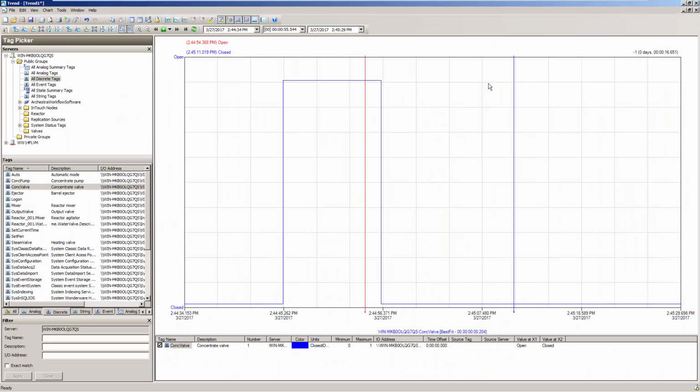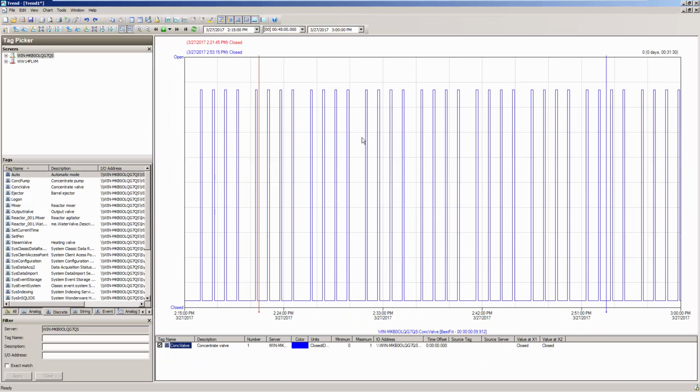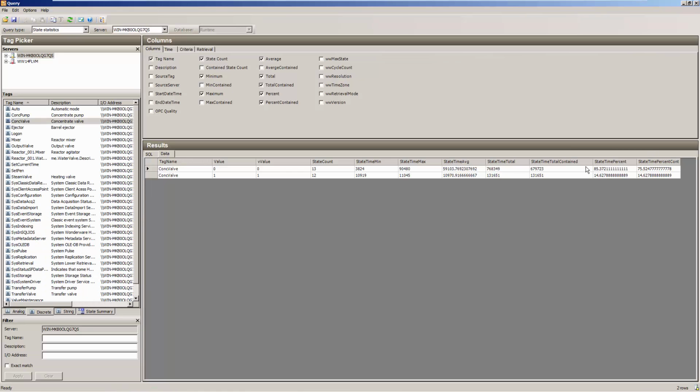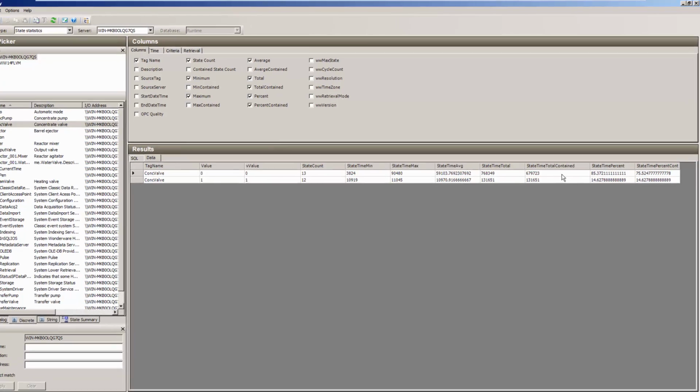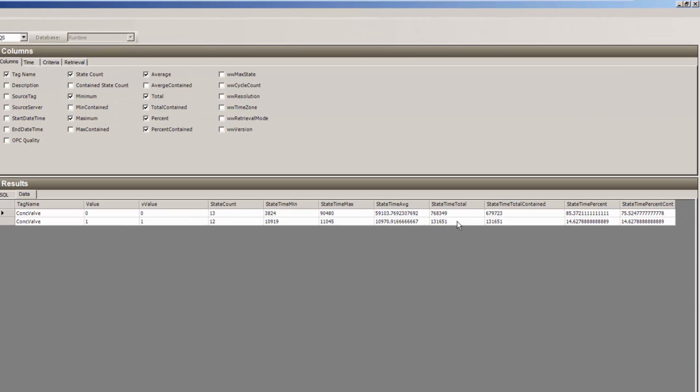We wouldn't care about that information anymore. We would just go back to when it had finished cycling into that state. So again, that is what contained focuses on. You're going to have a lot of truths there, provided that your end time doesn't hover over when it was in an on state. If it does, then the contained information would have to disregard that data.